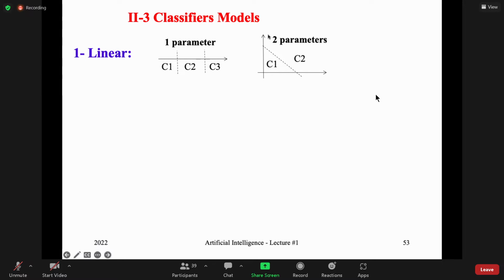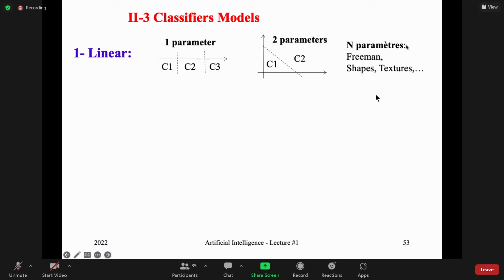We have two parameters here: rectangularity, and here circularity. With that, we can separate the space. If we are in this area, it's the C1 category, and otherwise here we are in the C2 category.